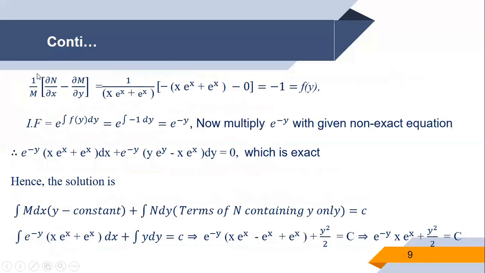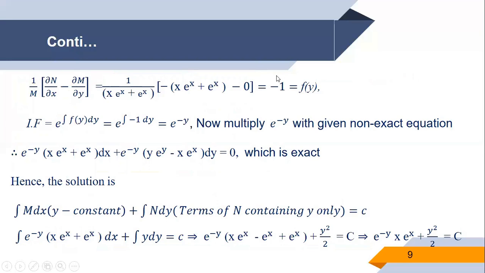So suppose we use 1 upon M (∂N/∂x − ∂M/∂y). So 1 upon x eˣ + eˣ, and ∂N/∂x we know, minus this. ∂M/∂y is 0. So both are cancelled. We get −1.